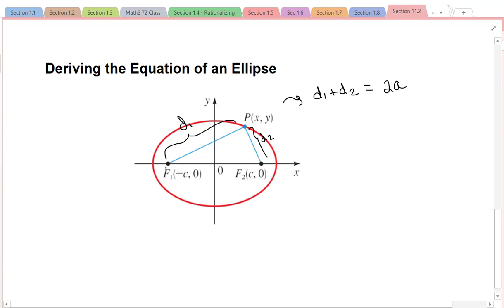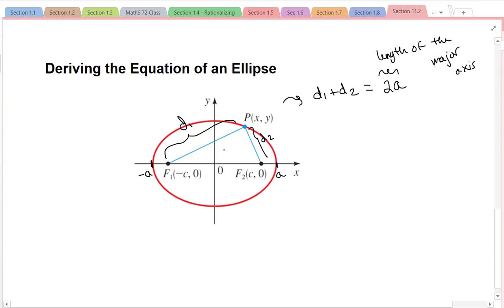Remember this is a horizontal major axis, so this will be minus a and this will be a. So 2a is the length of the major axis.